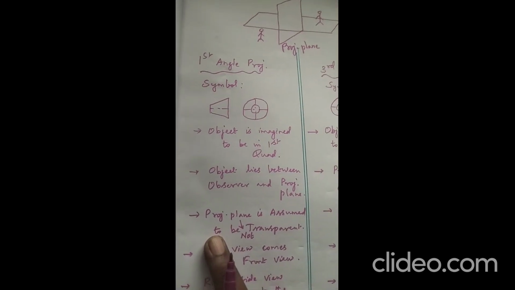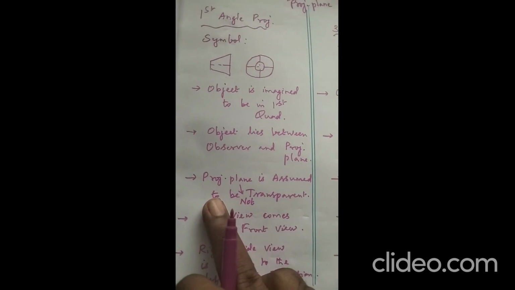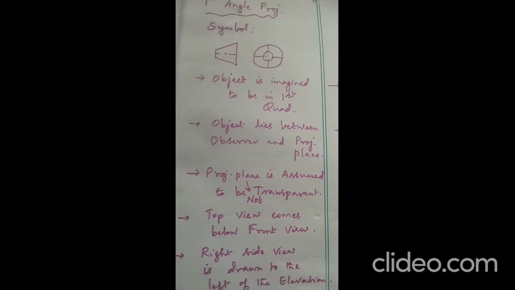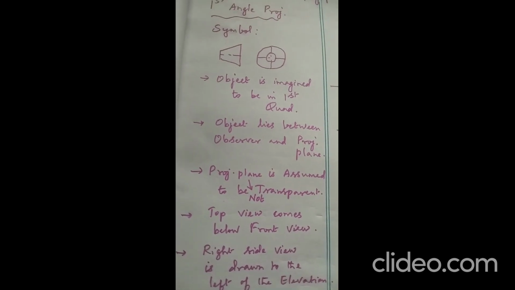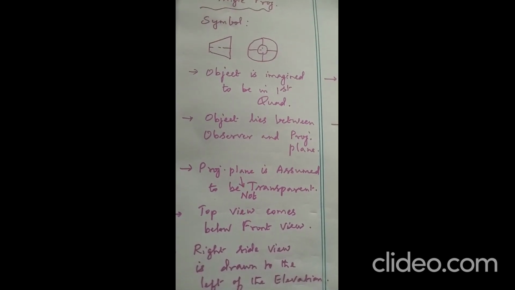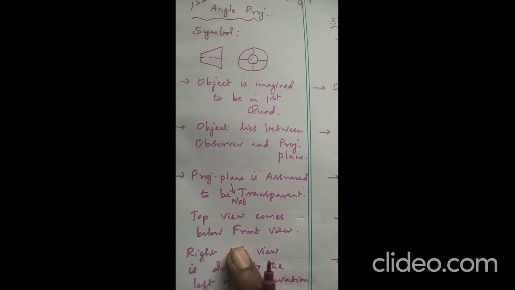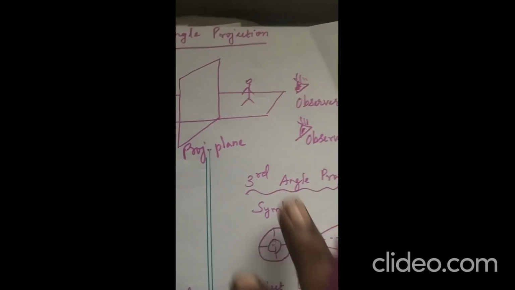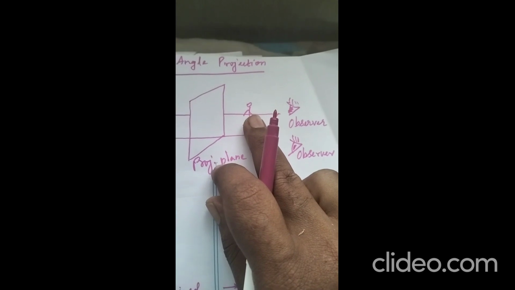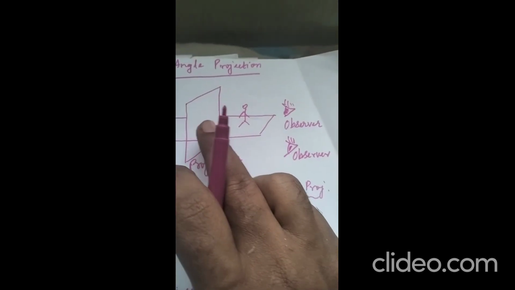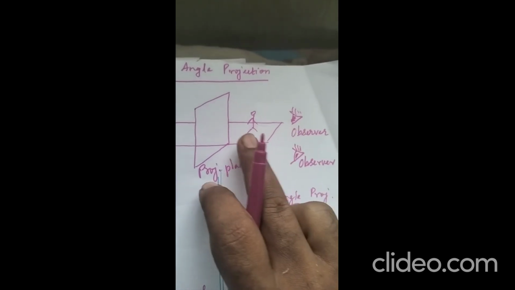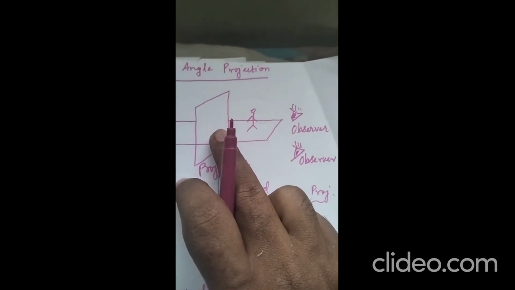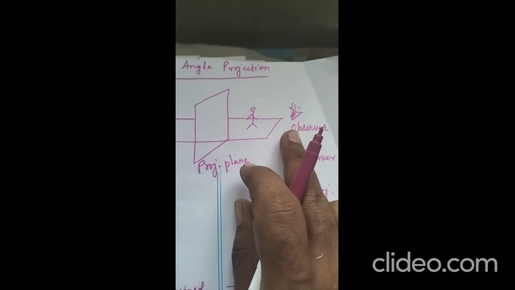The next difference is very important, that is transparency. Here in the case of first angle projection, the projection plane is assumed to be not transparent. This plane is not transparent. That we can see logically through the diagram here. The object lies between the projection plane and the observer, so there is no necessity at all for the plane to be transparent. It can be translucent.